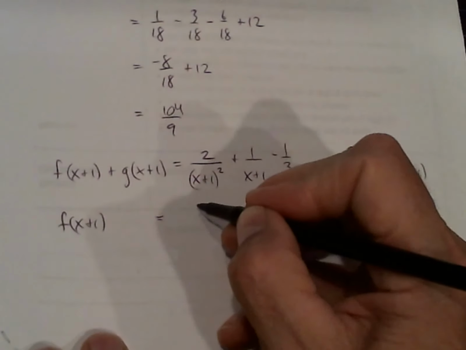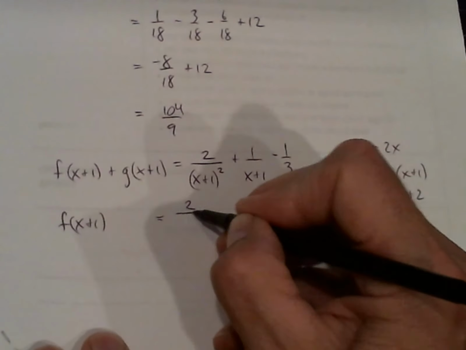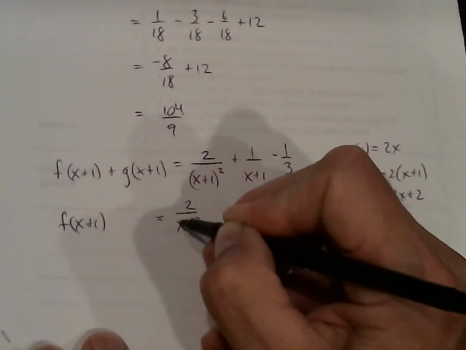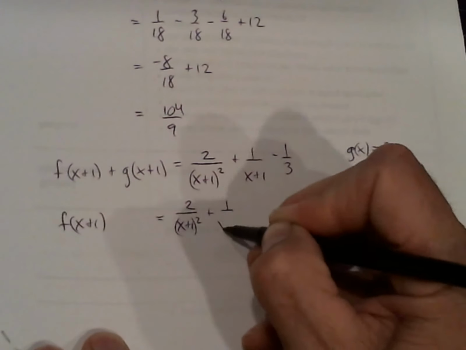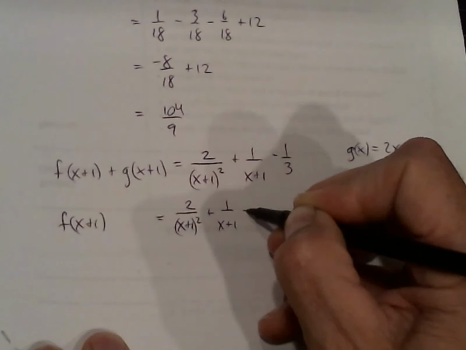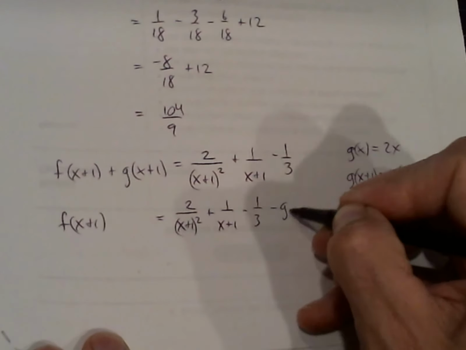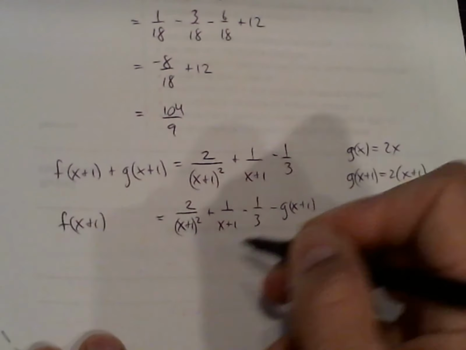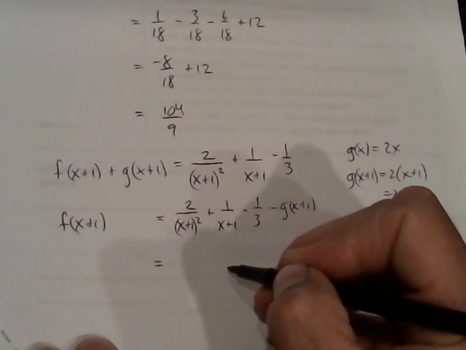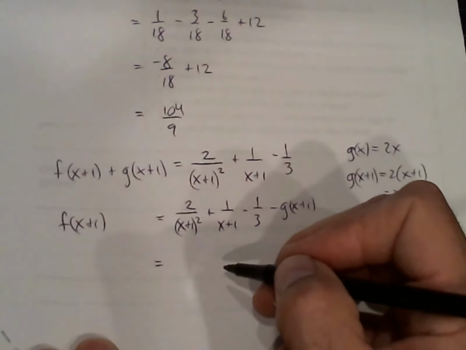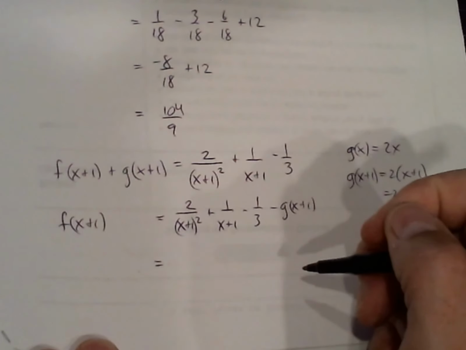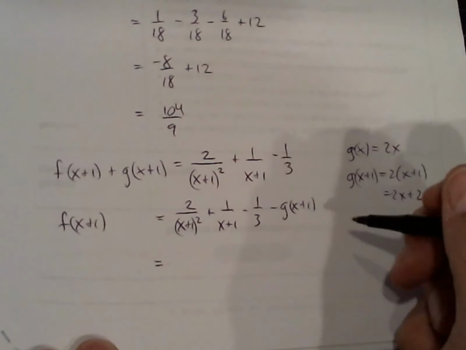We're going to have f of x plus 1 equals 2 over x plus 1 squared, and then we're going to go minus g of x plus 1. All right, and we're going to get a common denominator.